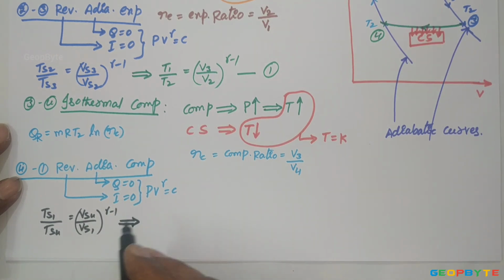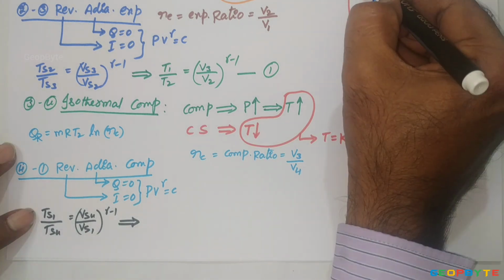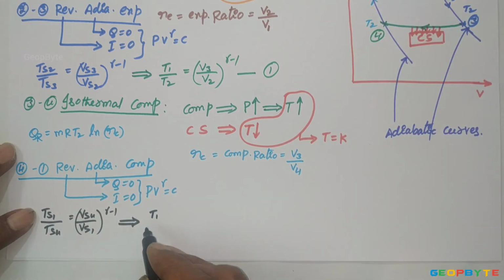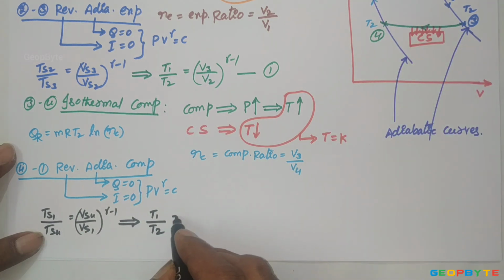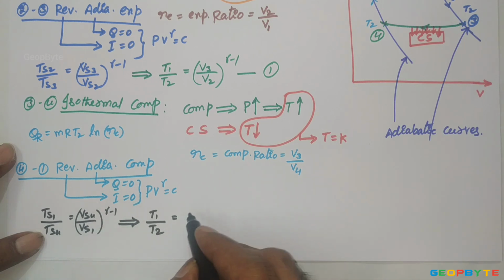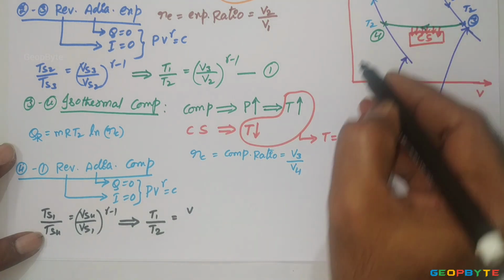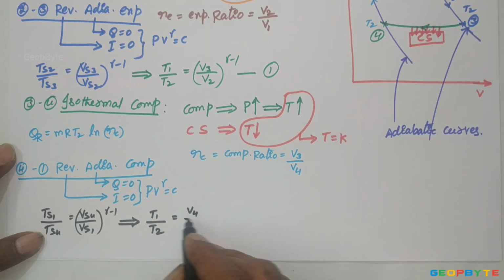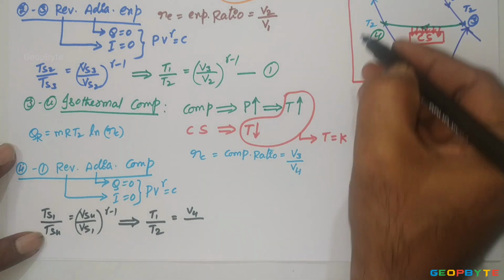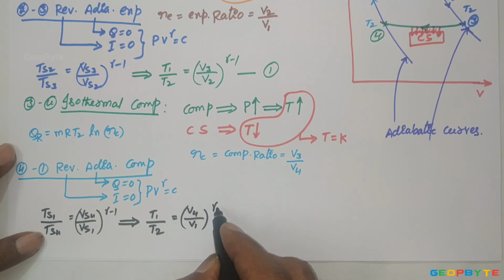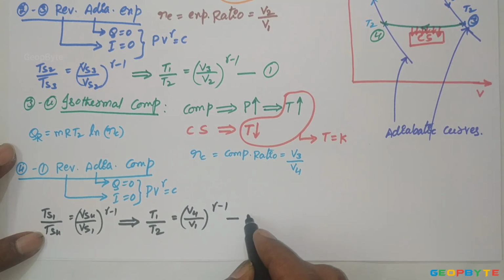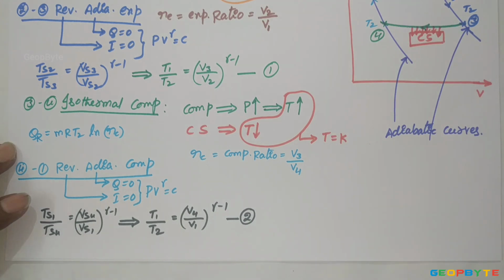But temperature at state 1 is T1, temperature at state 4 is T2, equal to volume at state 4, V4, by volume at state 1, V1, power gamma minus 1. Let this be relation number 2.